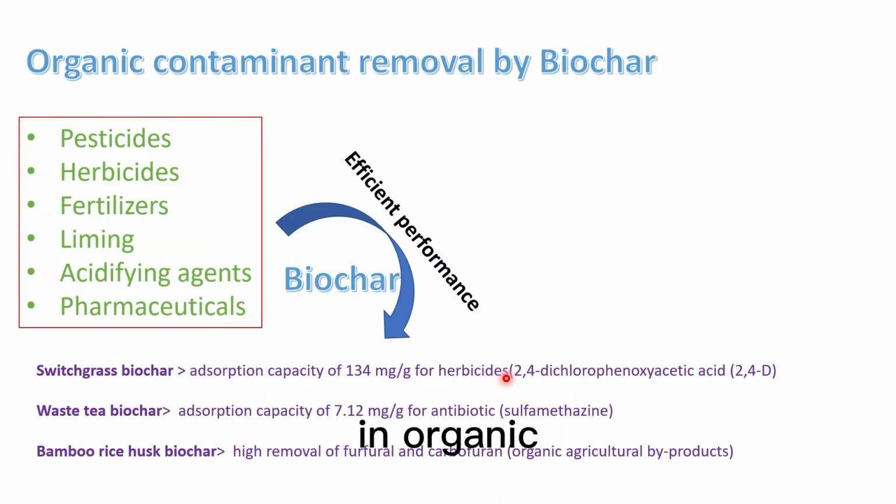For example, in organic contaminant removal, various organic contaminants such as pesticides, herbicides, fertilizers, liming, acidifying agents, and pharmaceuticals are in the surface water. Biochars such as switchgrass biochar and waste biochar showed highly efficient removal performance for various organic contaminants.